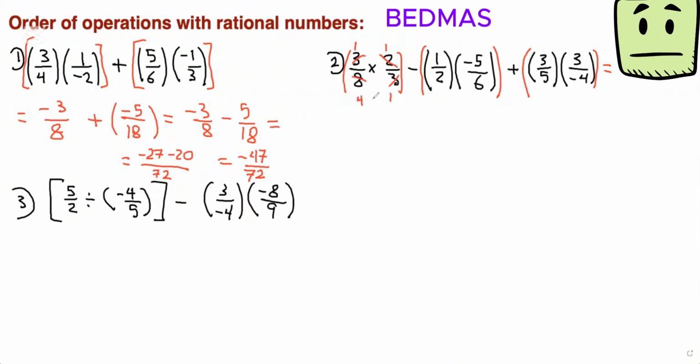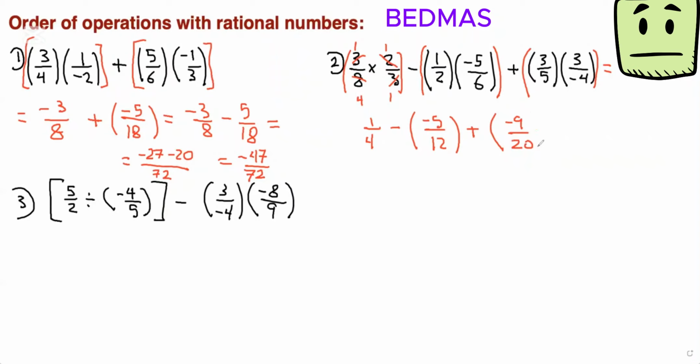So 1 times 1 is 1, 4 times 1 is 4. So that's 1/4. Minus here, we cannot really reduce, so it's just going to be -5 over 12, because 1 times -5 is -5, and 6 times 2 is 12. Plus here we cannot reduce either, so we're going to get -9 over 20.